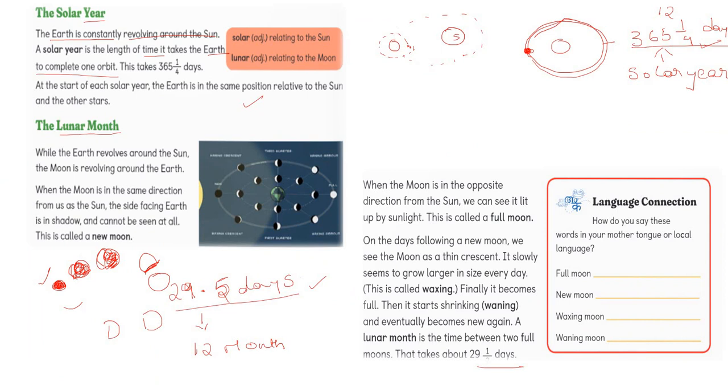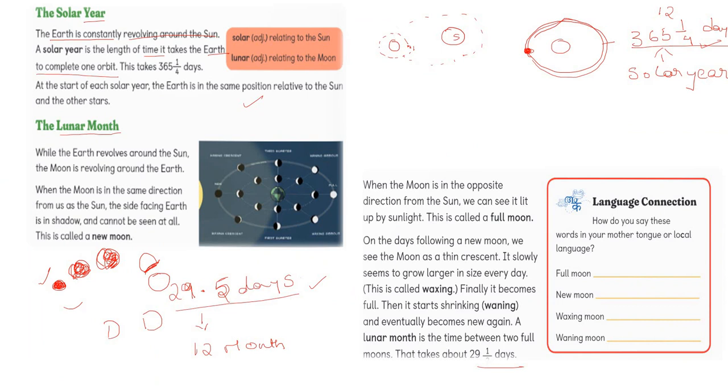From dark moon to full bright moon it is called waxing moon. Growing larger, waxing. Becoming smaller, waning. Waxing in Telugu, Shukla Pakshamu. Waning in Telugu, Krishna Pakshamu.